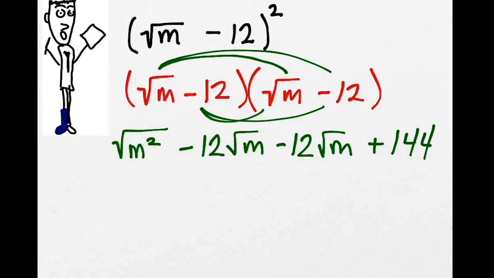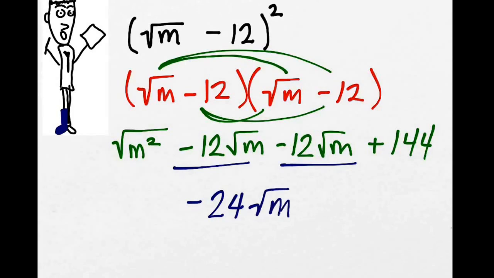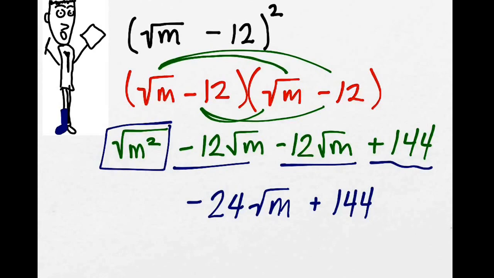Now we just look to condense. We'll always be able to condense in the middle with the negative 12 root m and the other negative 12 root m. There's going to be negative 24 root m for my middle term. The 144 isn't doing anything, so it just stays on the end as 144. And again, this is the weird thing right here. You're square rooting something squared. You already have a pair of m's underneath the square root.